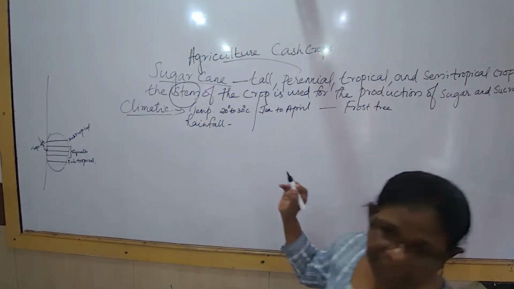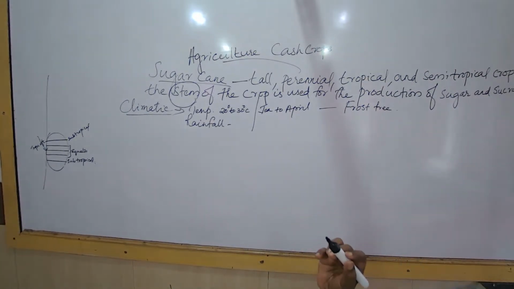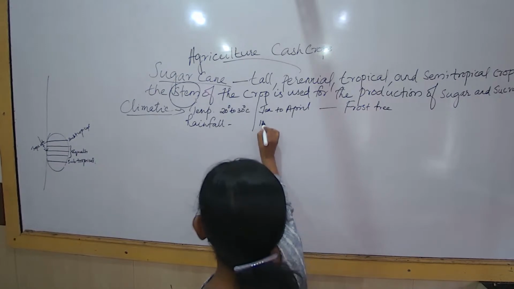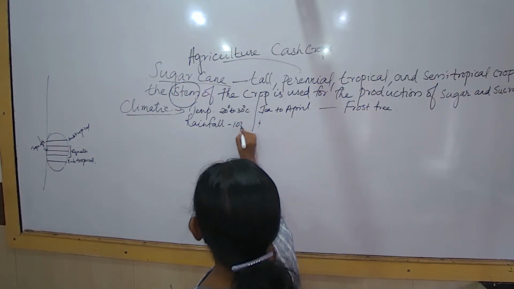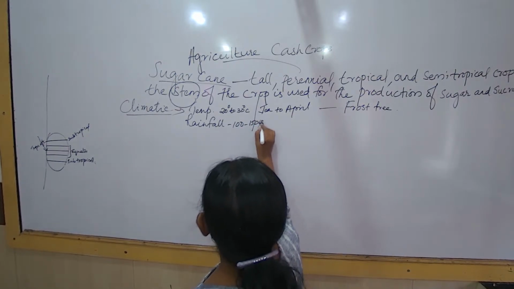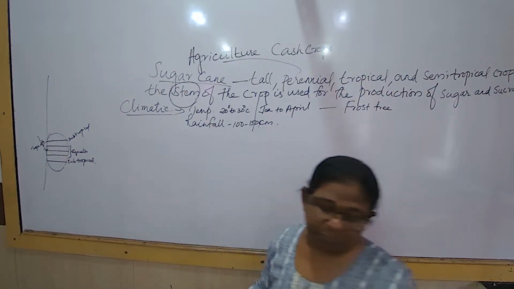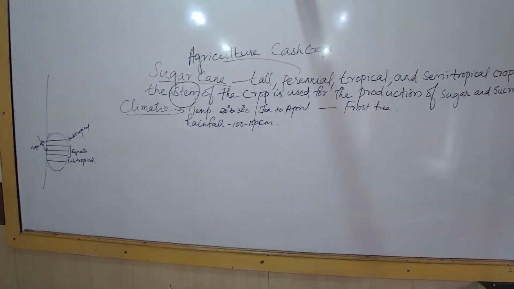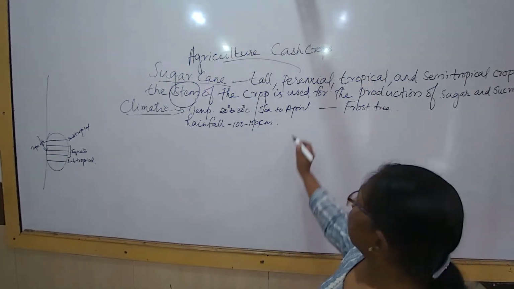Rainfall between 100 to 150 centimeters. It is required during the growing season, and that is for about 9 months.